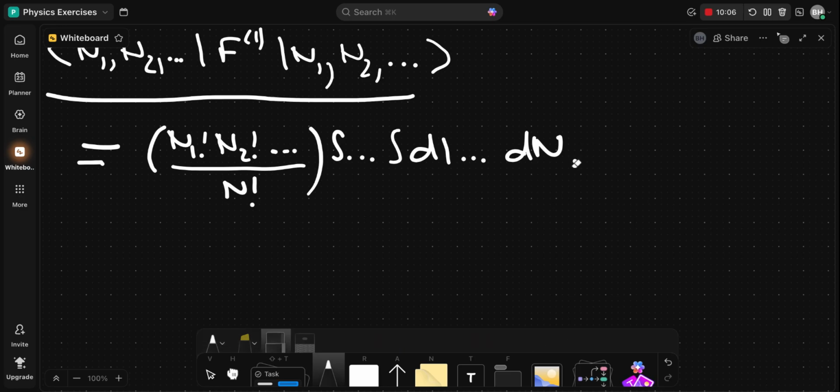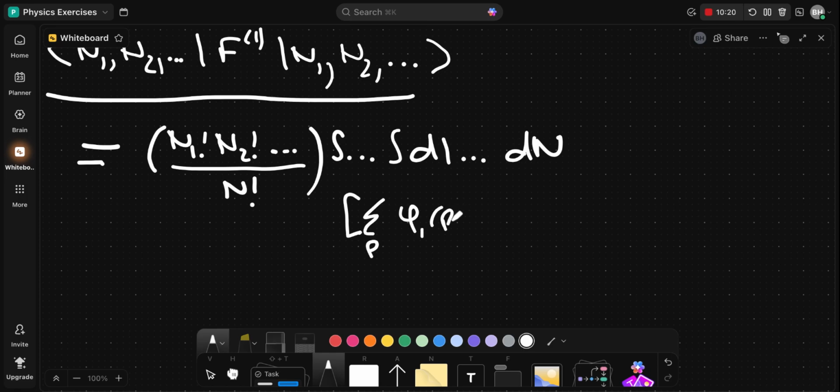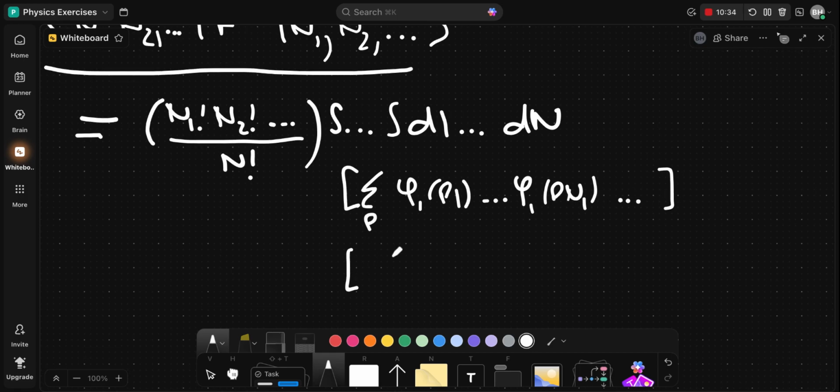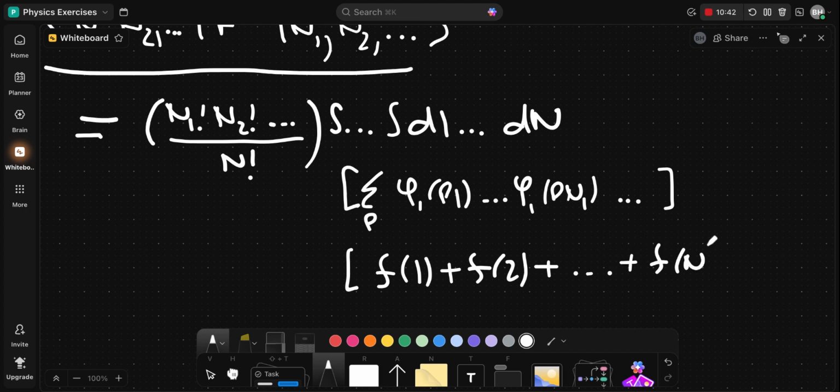Let me erase that, but that's where it's going to go. So what I'm going to have here is the sum over permutations p of phi 1, p1, etc. Let me just write it like this. Then I have my one particle operator, which is f1 plus f2 plus up to fn, and this is asterisked.